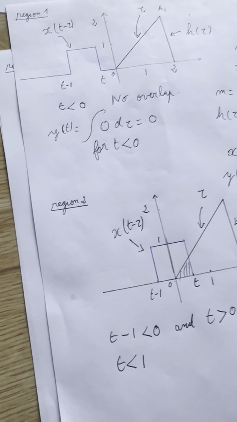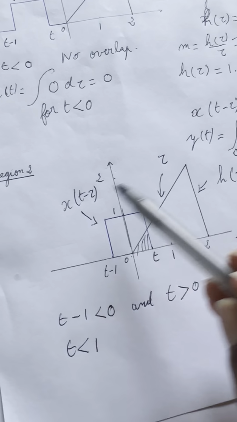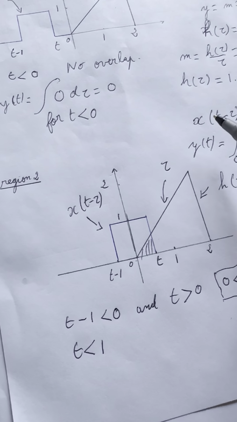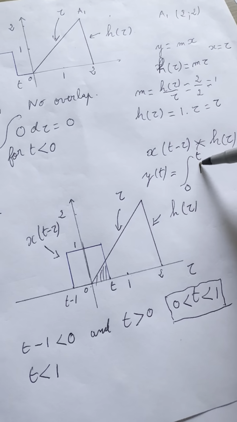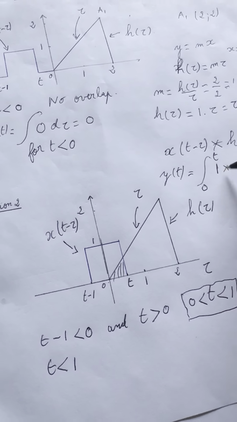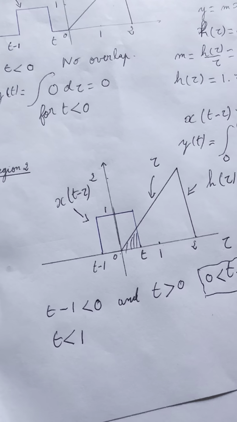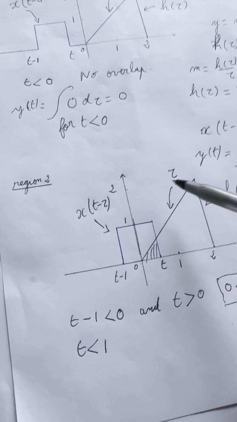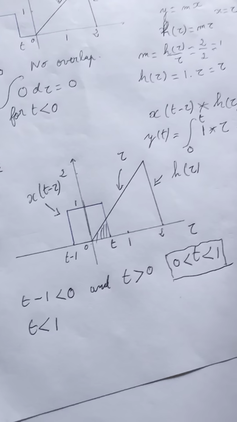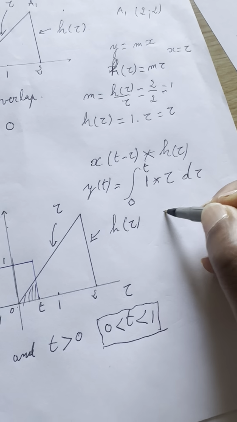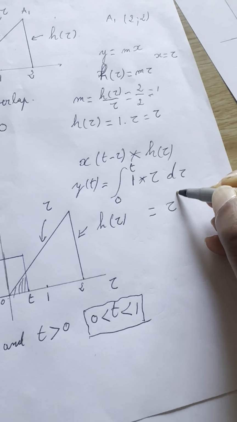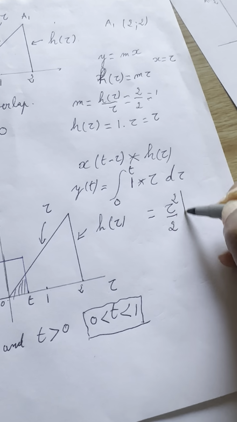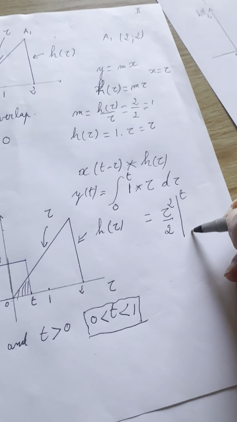We replace x(t minus tau) with 1, times h(tau), which is tau, d tau. So it equals tau squared by 2, evaluated from 0 to t.